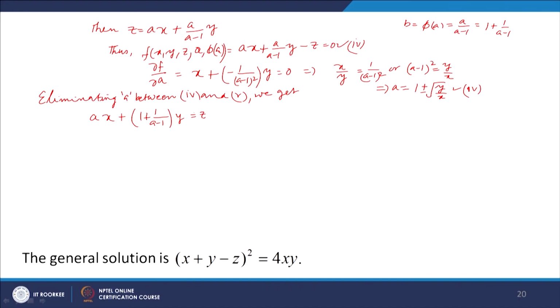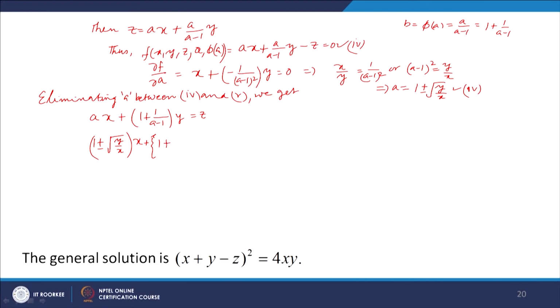So a is 1 plus minus square root y over x, this is a, into x, and then we have 1 plus 1 upon a minus 1.